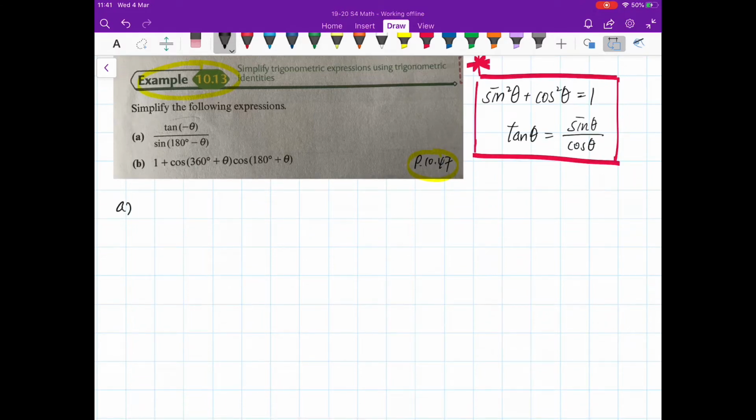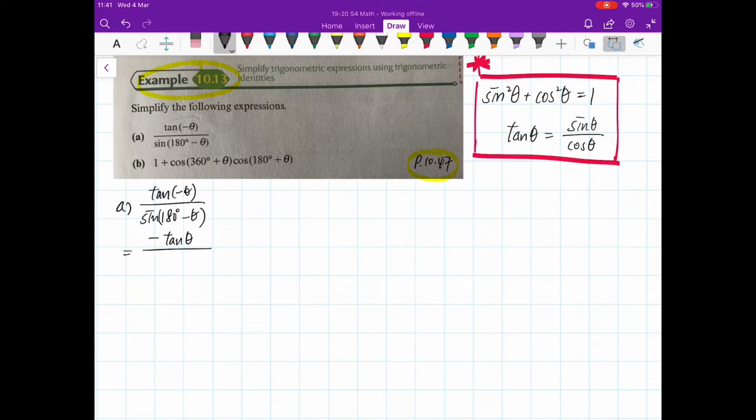Okay, so part A, we have tangent negative theta over sine of 180 degrees minus theta. As you can see, the first step is to do the transformation. Tangent negative theta becomes negative tangent theta.